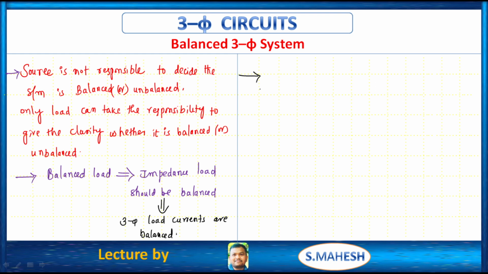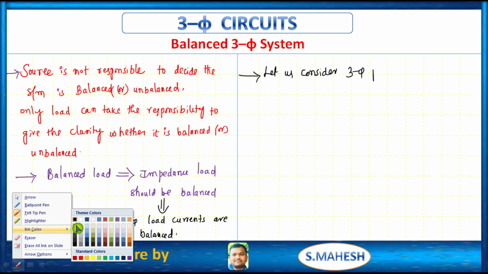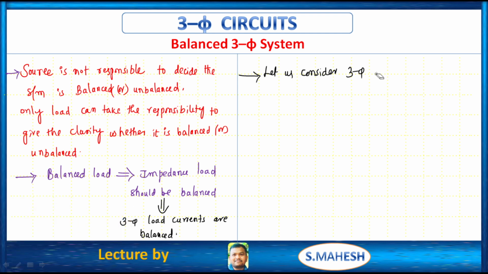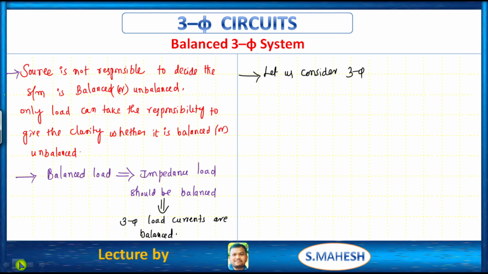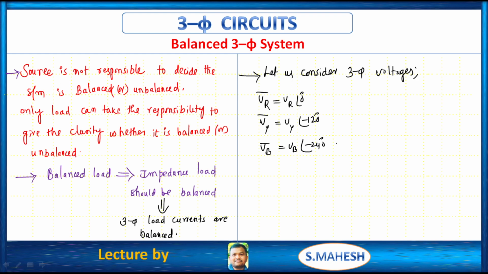Okay. Now let us consider, for example, voltages. With respect to voltage, I am going to explain. Let us consider three-phase phase voltages. Let us say VR at an angle 0, VY at an angle minus 120, VB at an angle minus 240, right?